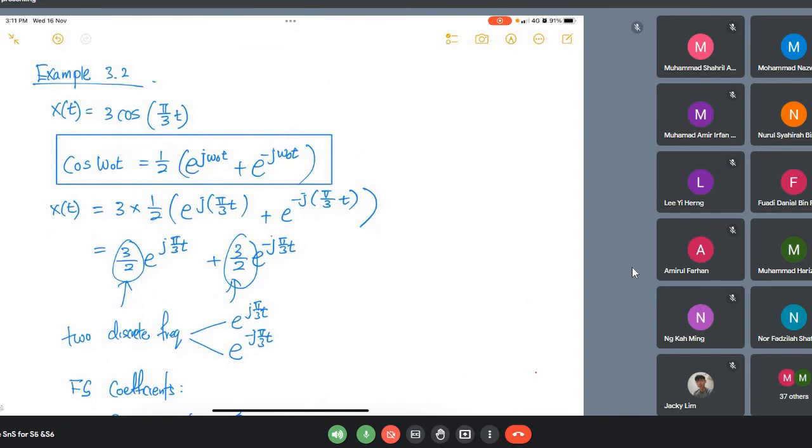You still remember? T naught equals 2 pi over omega naught, so 2 pi over pi over 3. If you rearrange, you get 6 pi over pi, so pi cancels out and you get 6. So the signal is periodic with period 6.